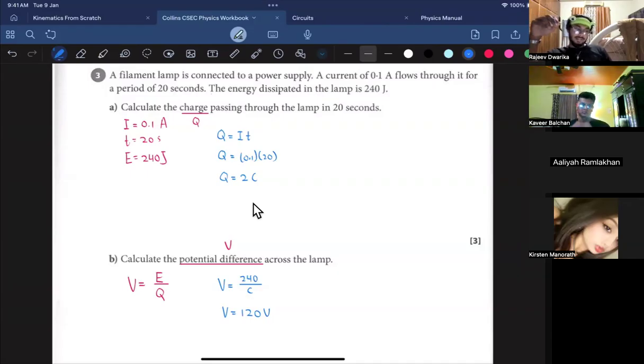We write down all the things that they give you. Exactly. And you figure out what you're trying to find. You look at the variables and try to figure out what formula has all those in it.